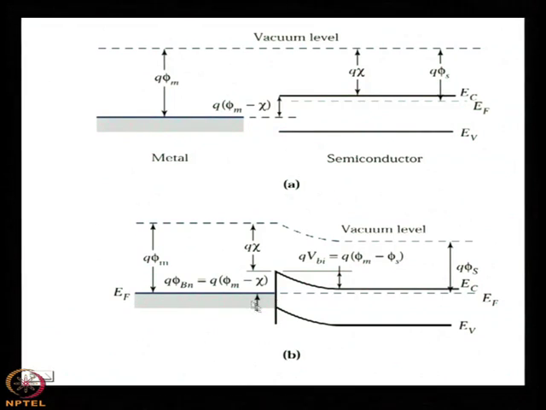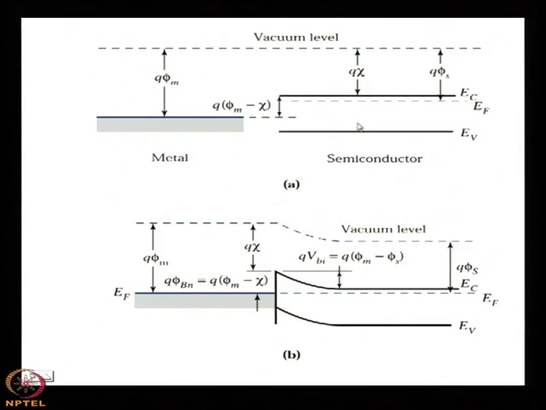Yes, when you join them, electrons will flow from the semiconductor to the metal. Why? Because you see that there will be alignment of the Fermi level as well as the vacuum level after contact, and the metal work function is greater than the semiconductor work function.